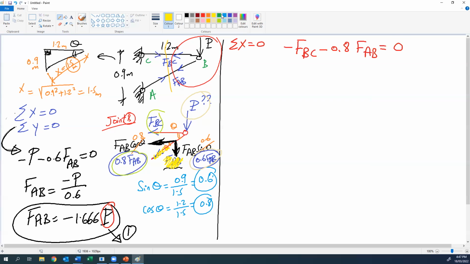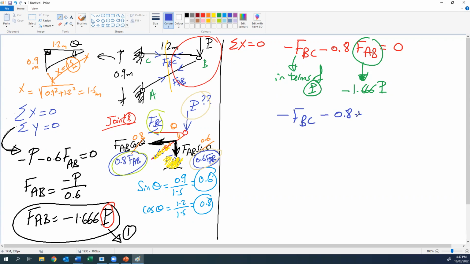From equation 1, I will remove FAB and replace it with negative 1.666B just to get FBC as well in terms of B. Okay, that's why I start with the y equation.